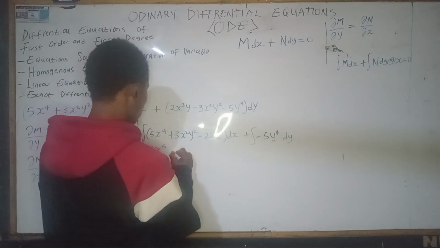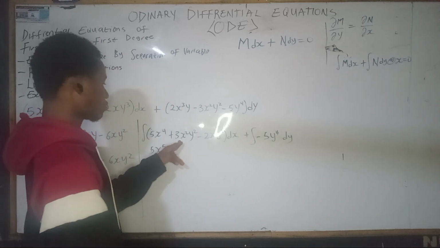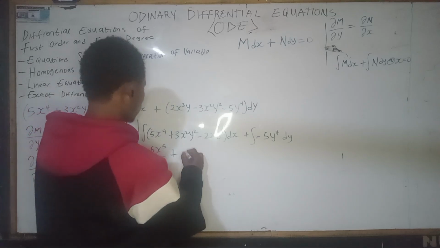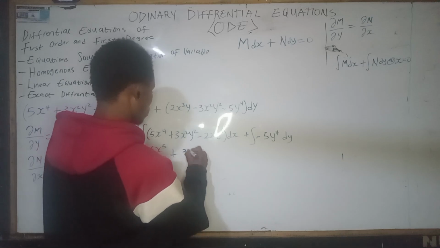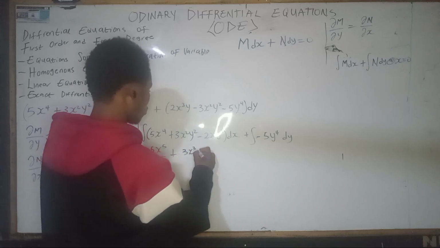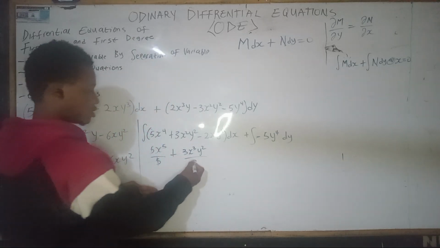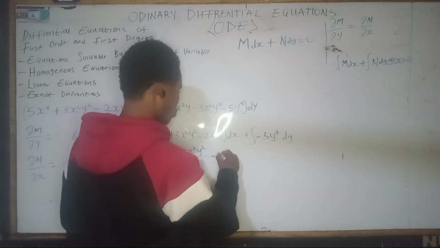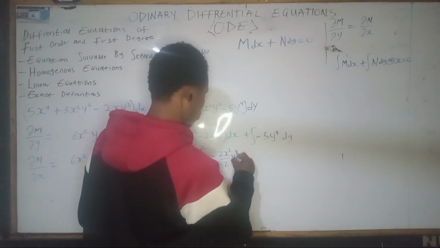Here we're going to be having plus 3x cubed y squared over 3, so the 3 cancels the 3 here, and also we have minus 2x squared over 2, and we have our y cubed over here.